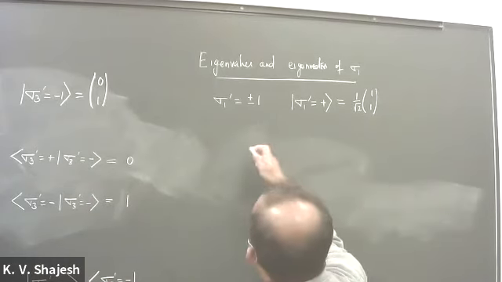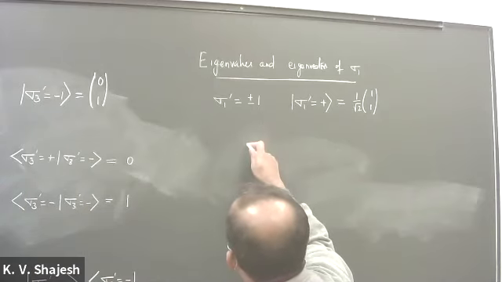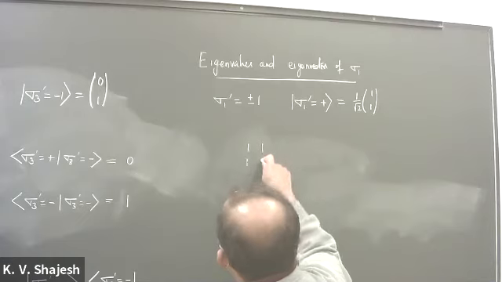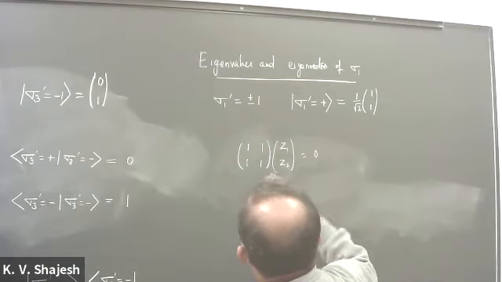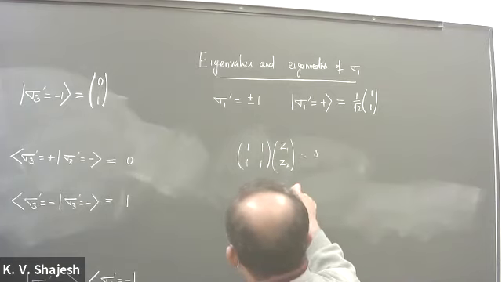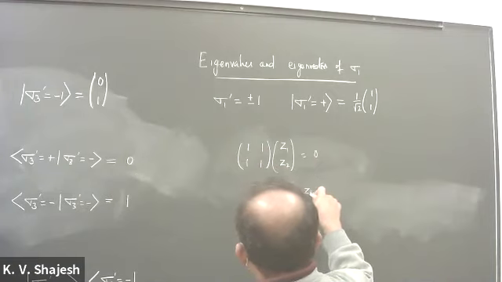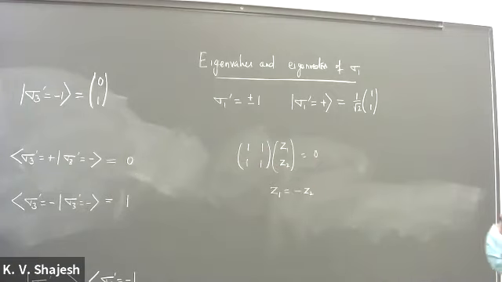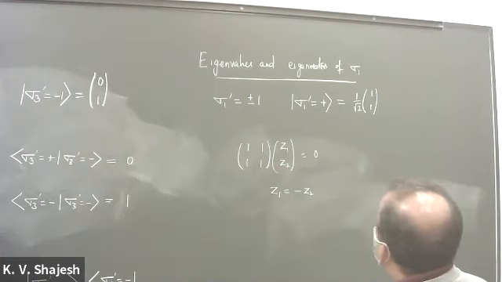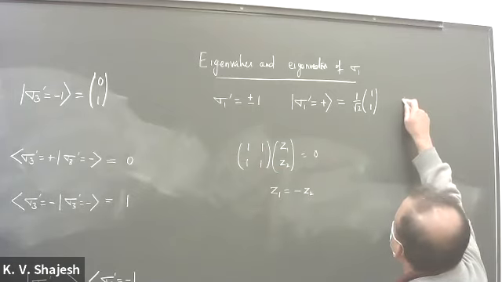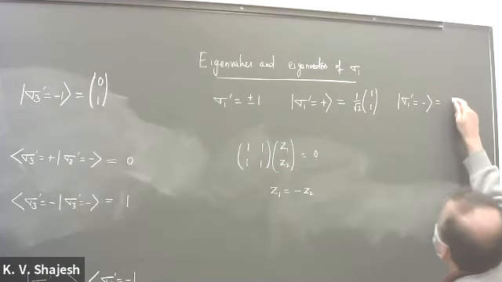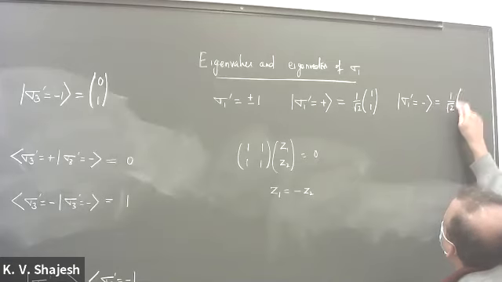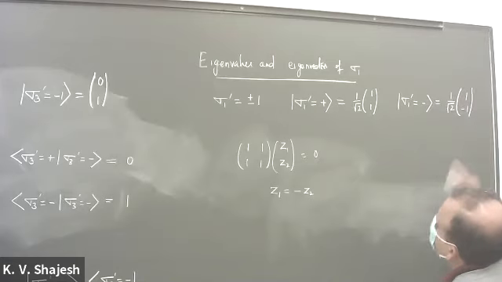The other eigenvector, do the same thing again, right? Minus 1. So it is 1, 1, 1, 1. It's equal to 0. Again, the same idea, but now z1 is equal to minus z2. So, clear? So c1 prime is equal to 1 over root 2, 1, minus 1.